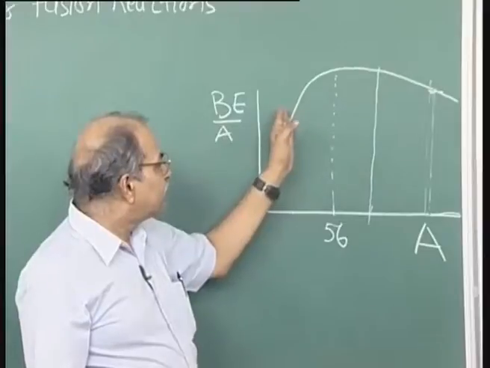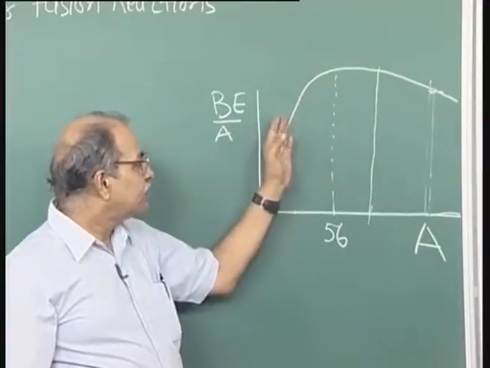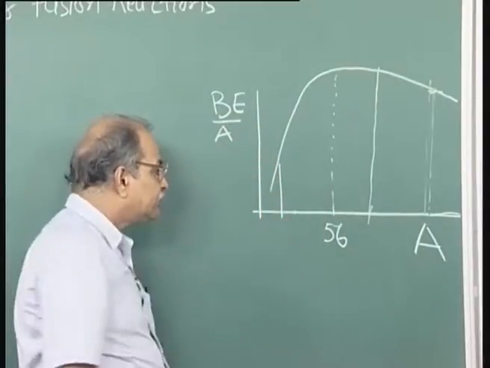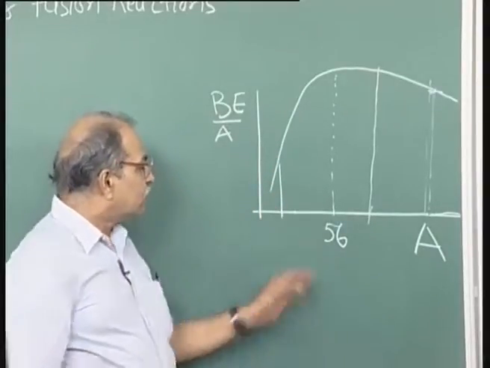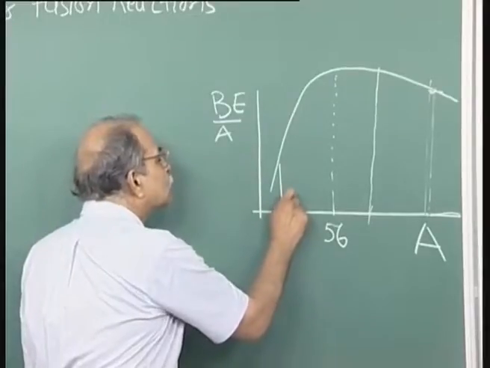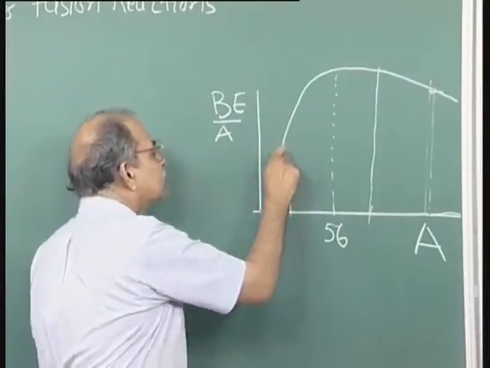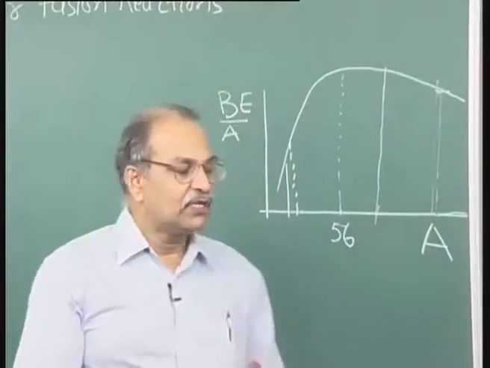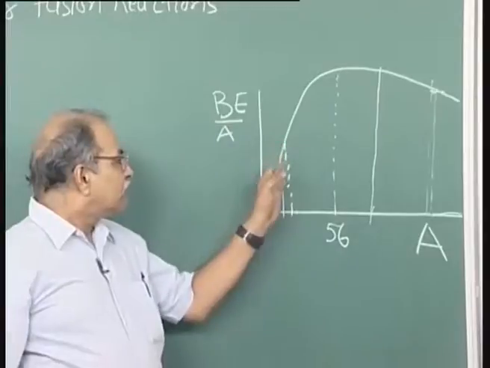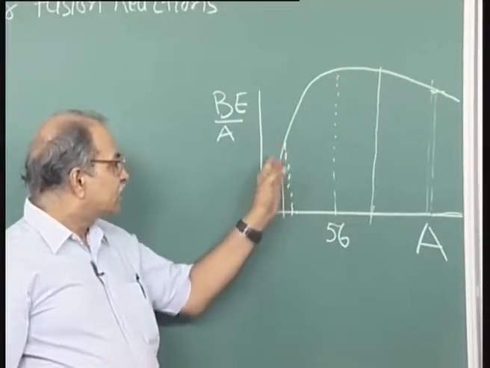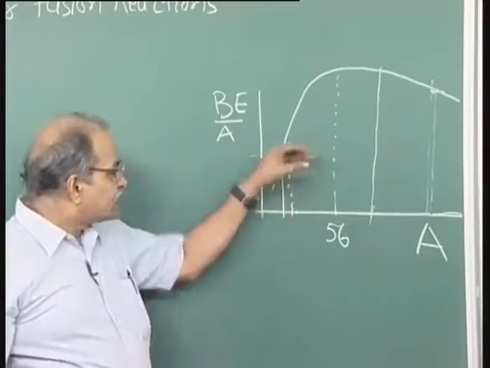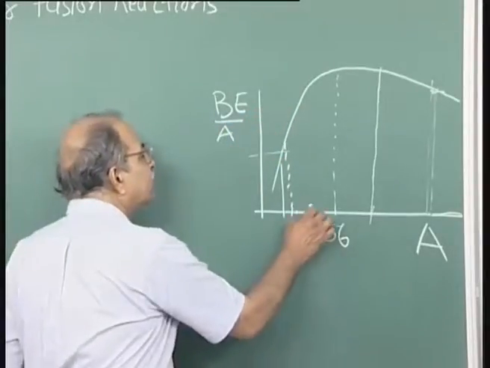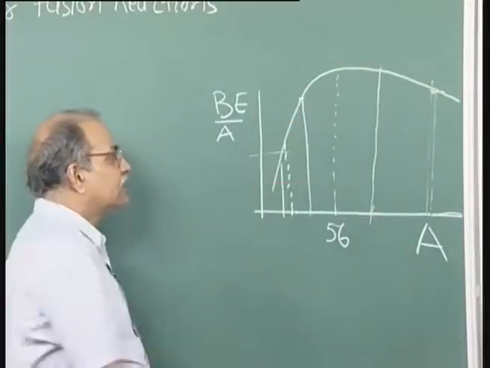Now, the other side of this maxima, if we start with two nuclei somewhere in this region, it can be two nuclei of the same species, or two nuclei of different species, but the binding energy per nucleon is in this region, whereas if they combine, they will go somewhere here, and then the binding energy per nucleon will be here.